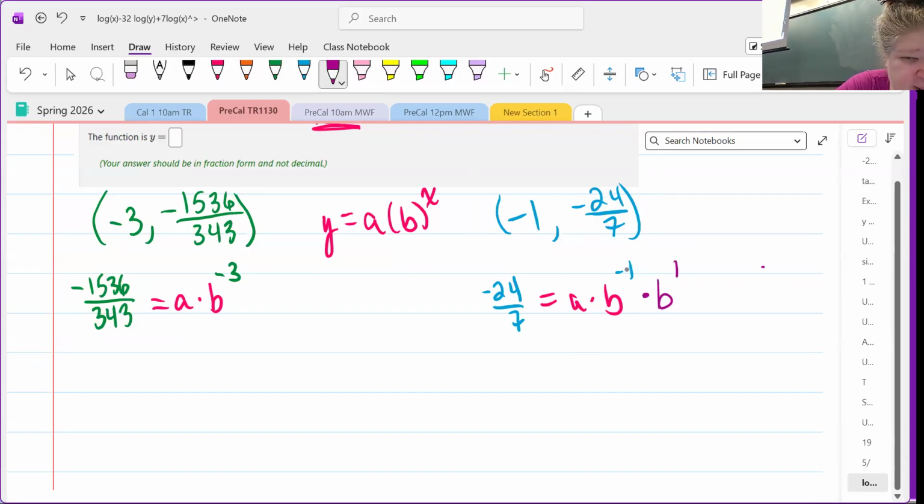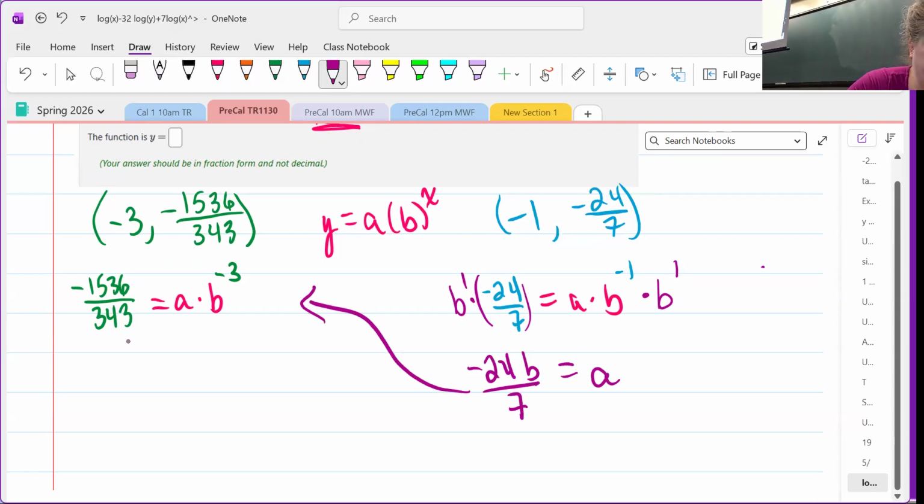So b to the power times b to the power, I'd add the powers. B to the 0 would just be 1. This would leave me with a by itself, and I'm just going to have times b to the first power. So that's -24b/7.